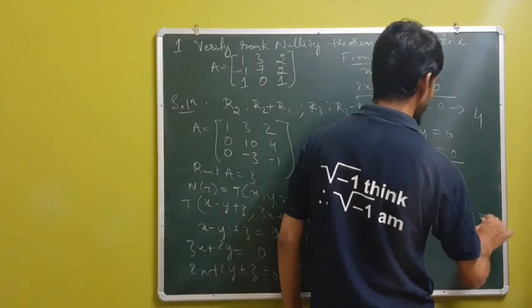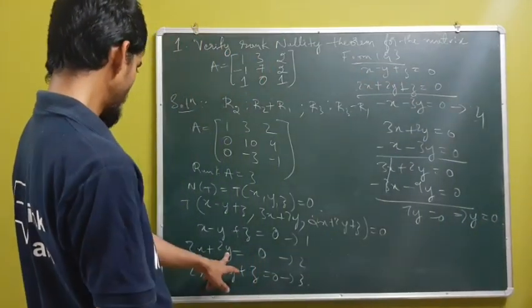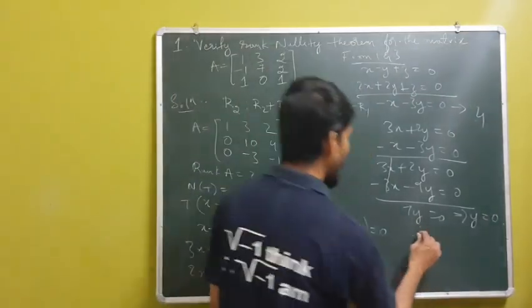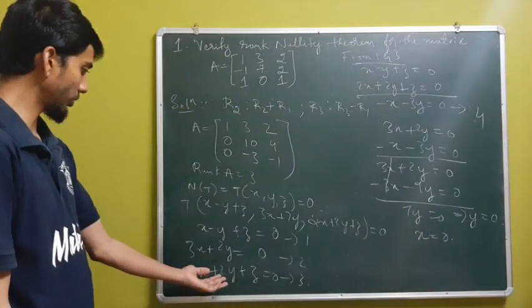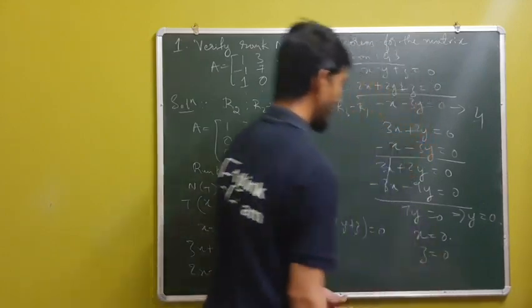This implies y equal to 0, and substituting y equal to 0 in equation 2, we also get x to be equal to 0. Again, substituting x and y to be 0 in equation 3, we get z to be equal to 0.